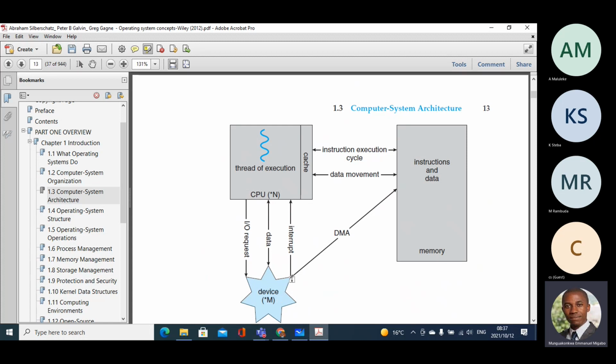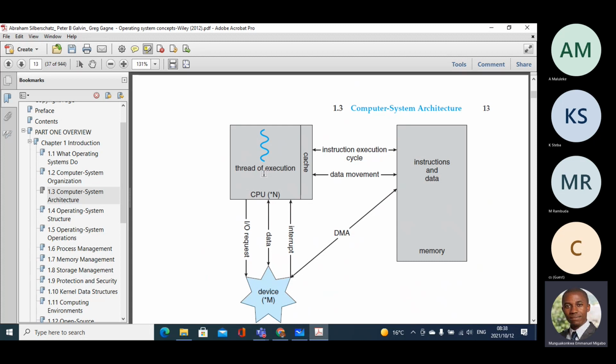We can have a direct link from that device to memory, and that will be a DMA link. Alternatively to the DMA, we would go through the CPU, which of course is in charge of the execution of multiple different threads and instructions.